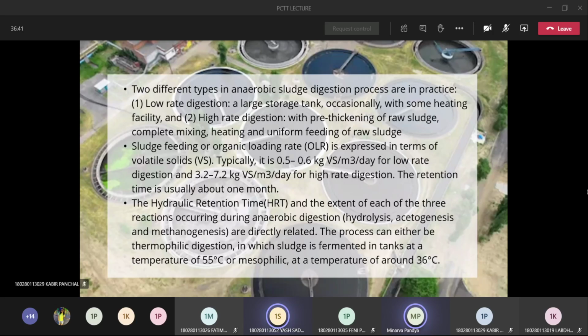While high rate digestion, which is an extensively used process, the raw sludge enters the tank, goes through the process of thickening beforehand, by which the volume of the free water reduces, hence making the process faster. In both these processes, some heating is provided to accelerate the biological conversion. Now, the sludge feeding or the organic loading rate is expressed in terms of volatile solids.